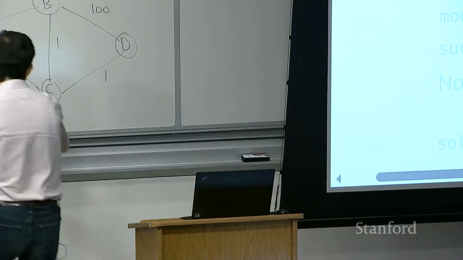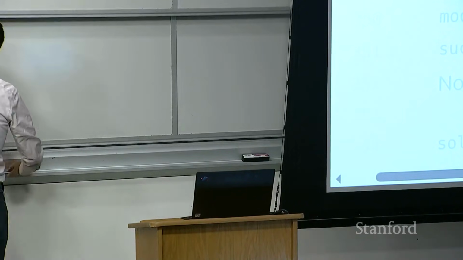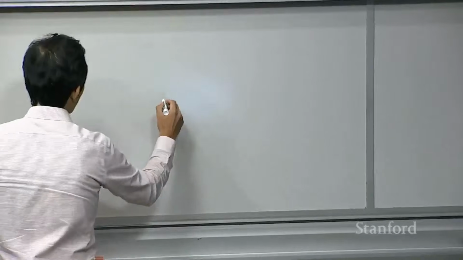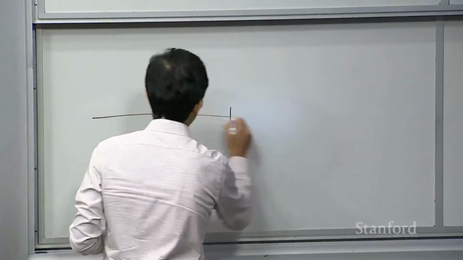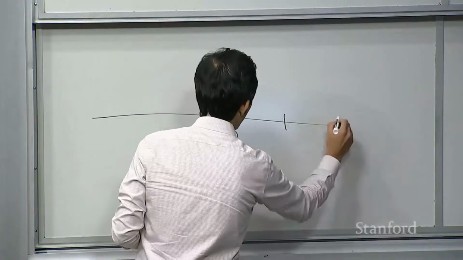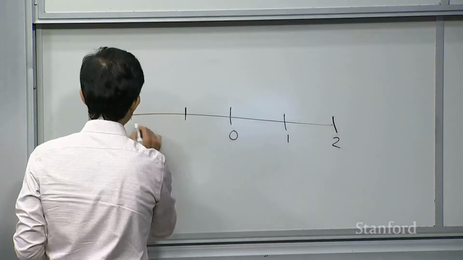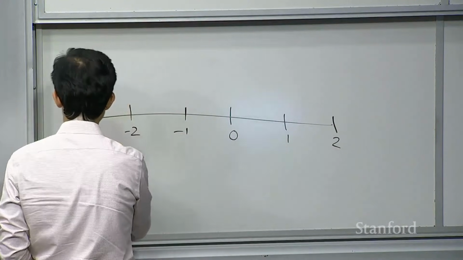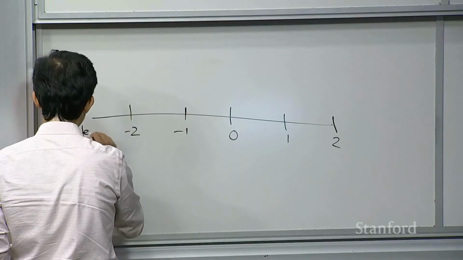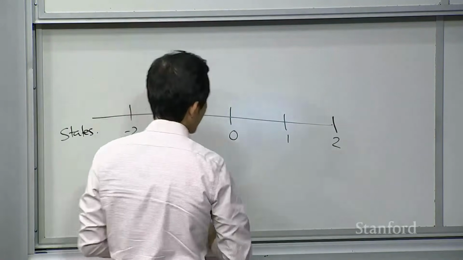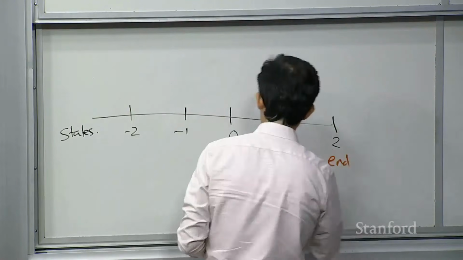Let me actually just draw this picture so we have it as a reference up here. I have the start state, which is at 0, and I have 1 and 2, and -1, -2. These are the states. This is the end, this is the start.